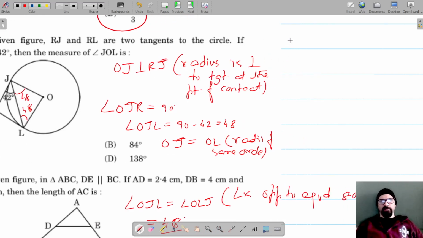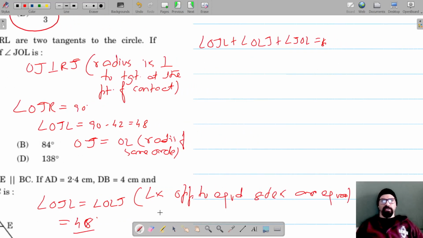Okay, now angle OJL plus angle OLJ plus angle JOL is equal to 180 degree. Reason being the angle sum property, and we have to find angle JOL.